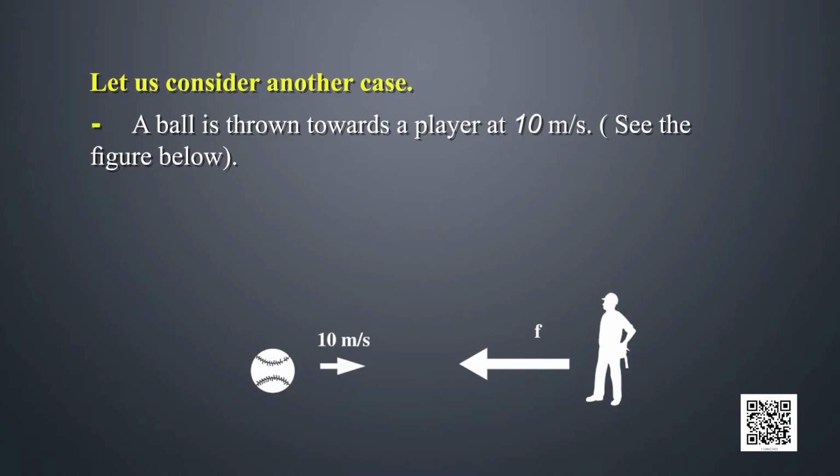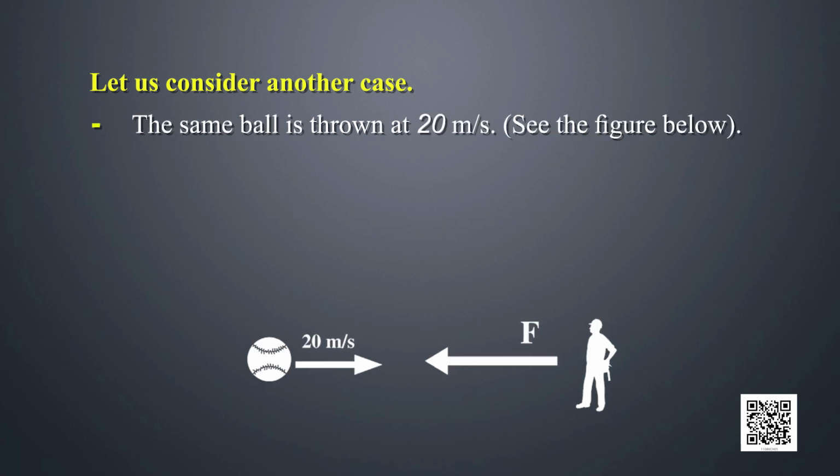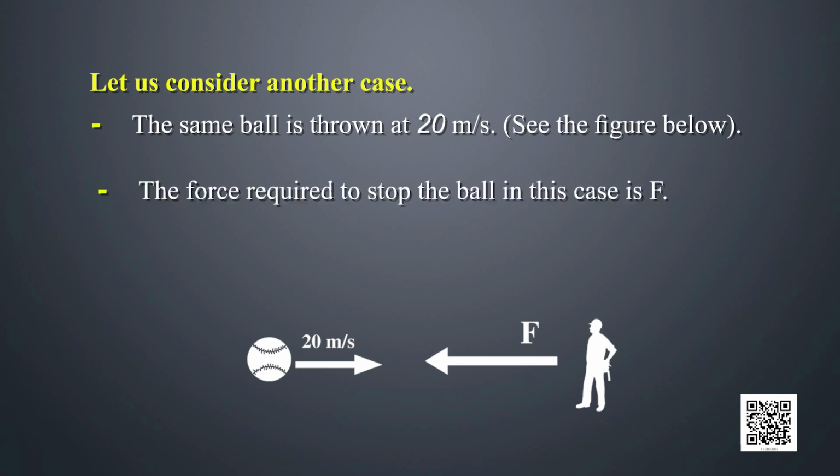Let us consider another case. A ball is thrown towards a player at 10 meter per second. You can see this in the figure below. A force f, small f, has to be applied to stop the ball. The same ball is now thrown at 20 meter per second, that is double the original speed. The force required now to stop the ball over the same distance is denoted by capital F. In which of the cases can the ball be stopped earlier and easily?